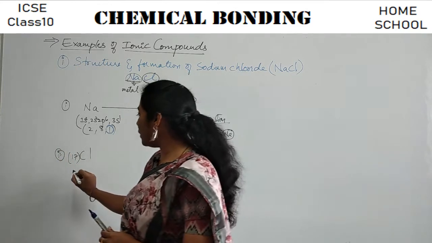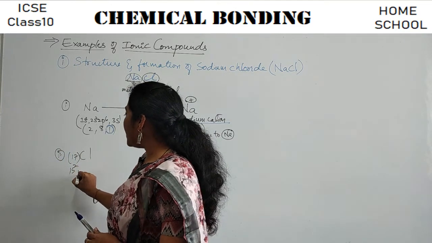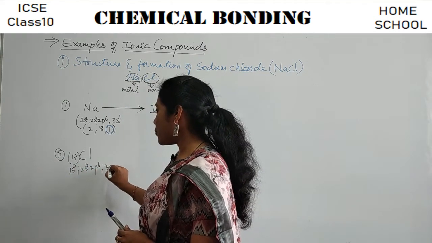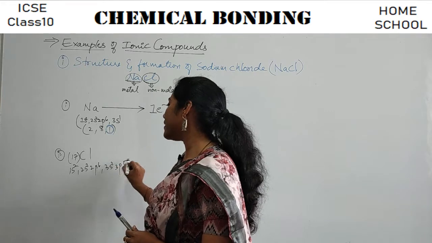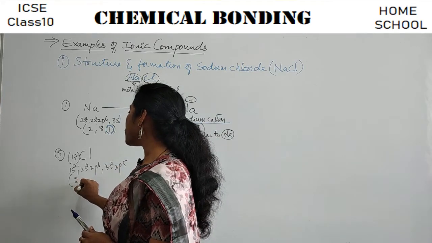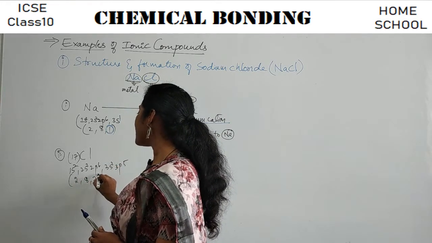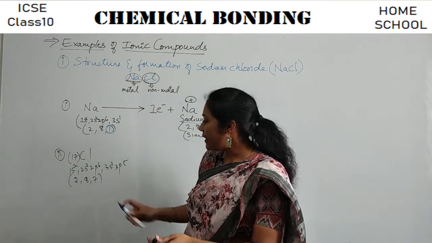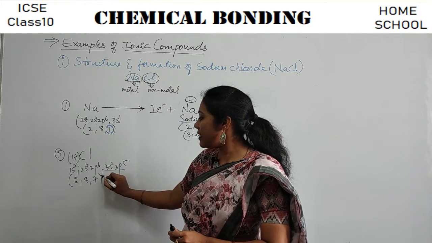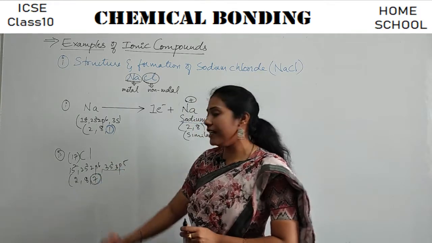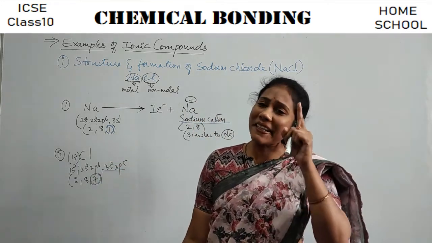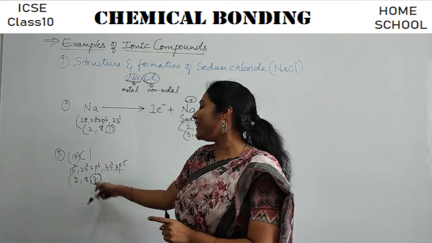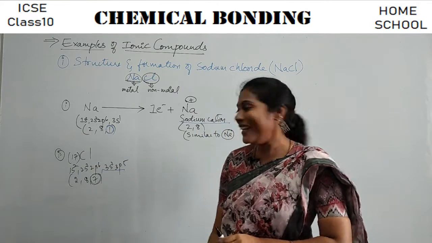So its electronic configuration is 1s2, 2s2, 2p6, 3s2, 3p5, so I can also write it as 2, 8, 7. Is it stable? Never. Because in the valence shell you have 7 electrons. If it can get 1 electron, that is enough for chlorine to get stability.